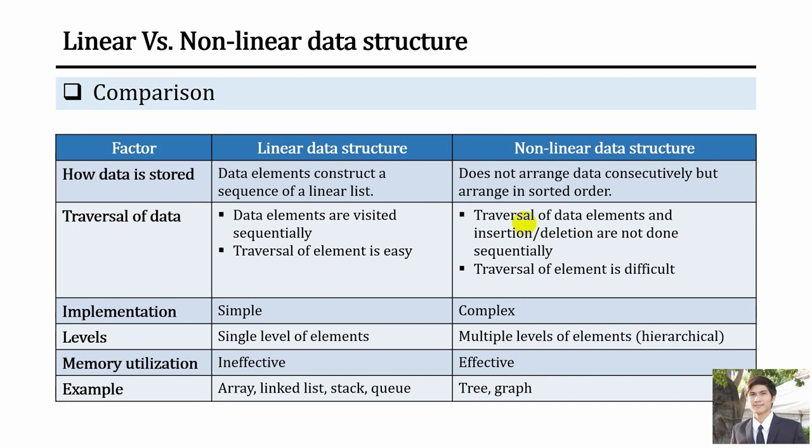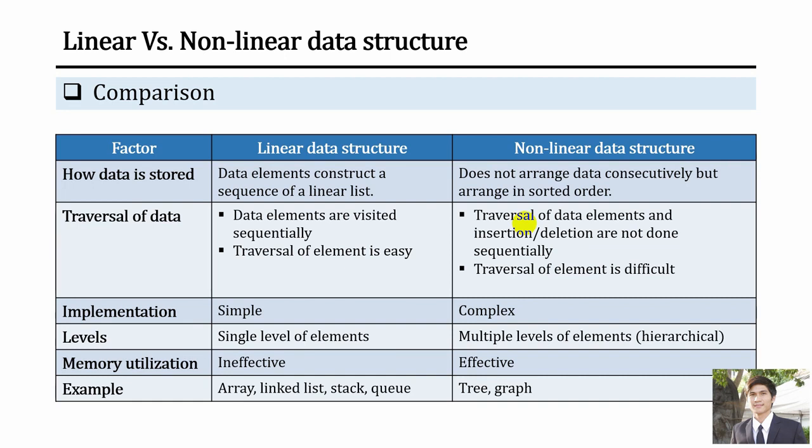Talking about implementation, of course, a linear data structure is quite simple compared to a non-linear data structure. In terms of how the data is organized, a linear data structure has only one level, while a non-linear data structure has multi-level elements in a hierarchical format. Regarding memory utilization, non-linear data structures perform better.